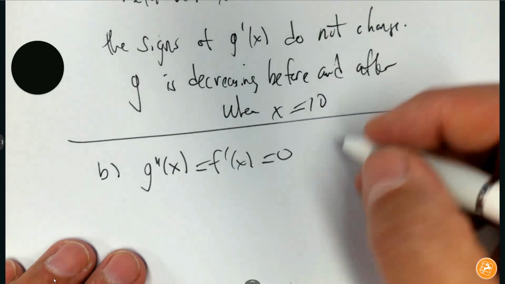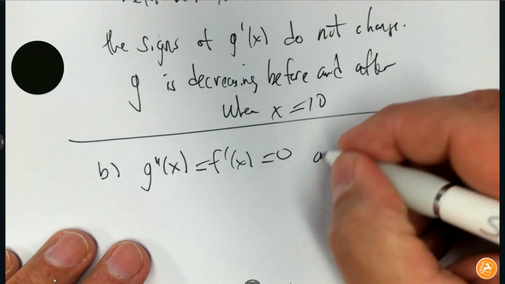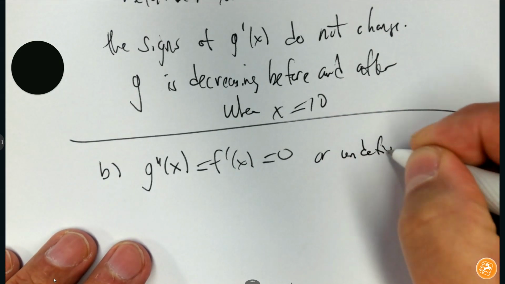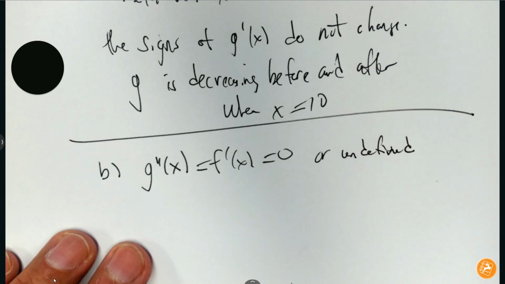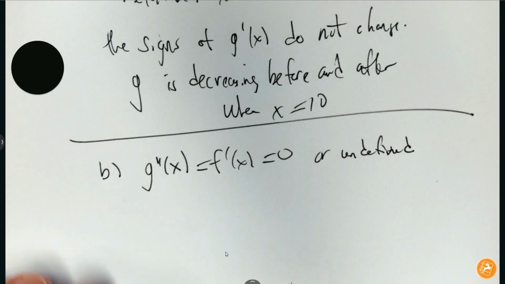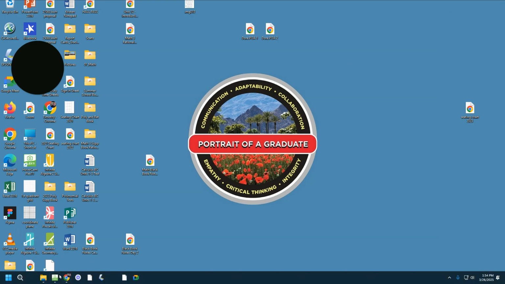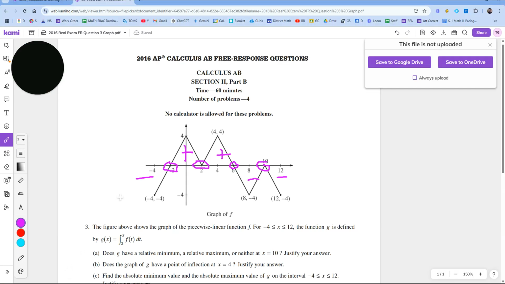Or it can be undefined. So in other words, we're looking at the turning points. So we have a turning point here, and then here, and then here, and so on.